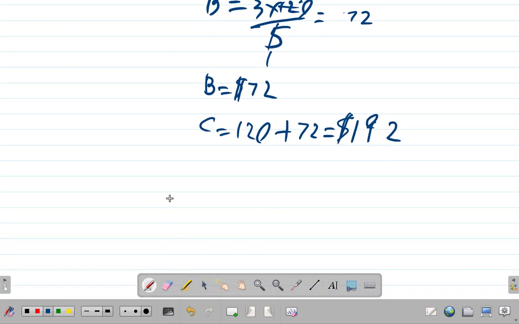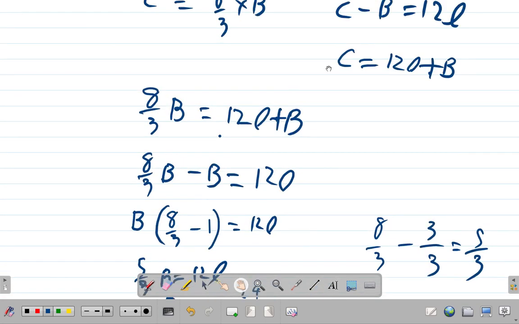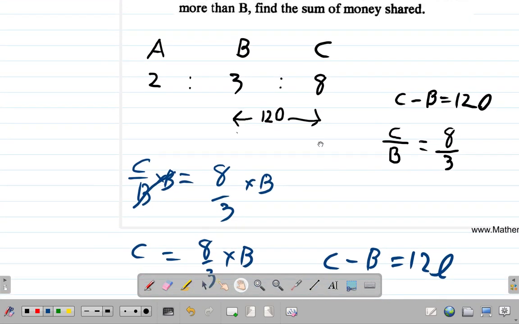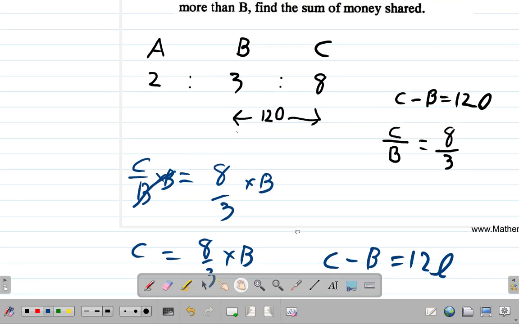Now, let's look back. A's ratio is 2, while C's ratio is 8. Whatever money C got, if you divide it into 8 parts, you're going to see the size of each part. So let's do that.